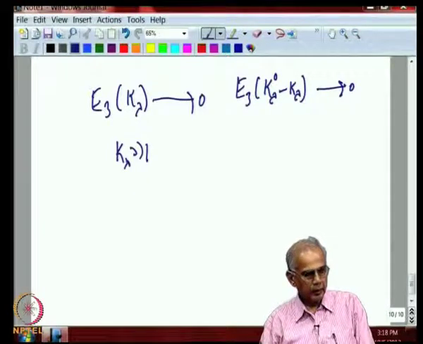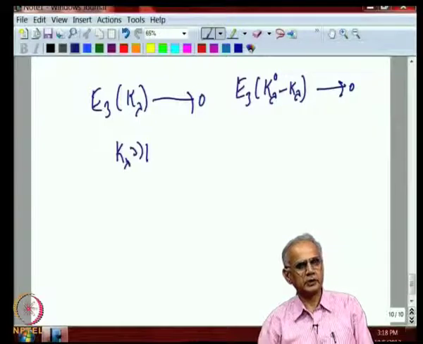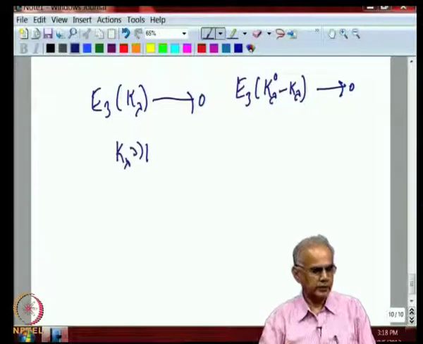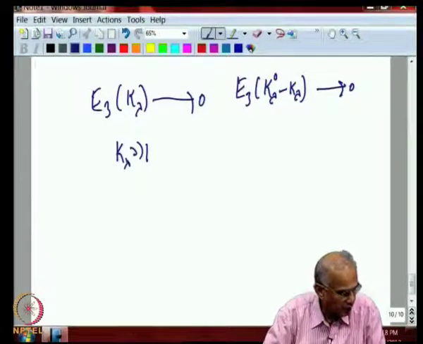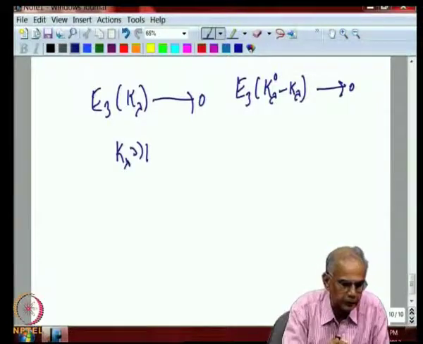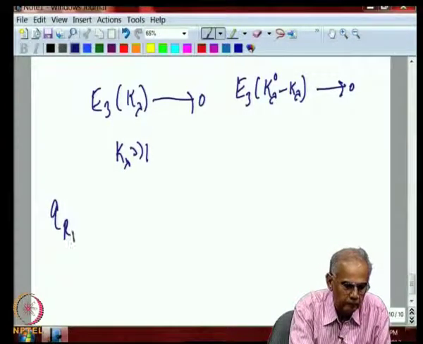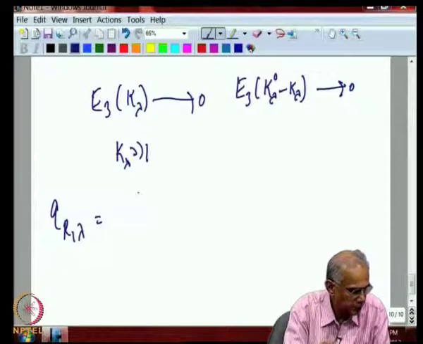And the approximation I mentioned in the previous slide now will lead to the following expression for q lambda.